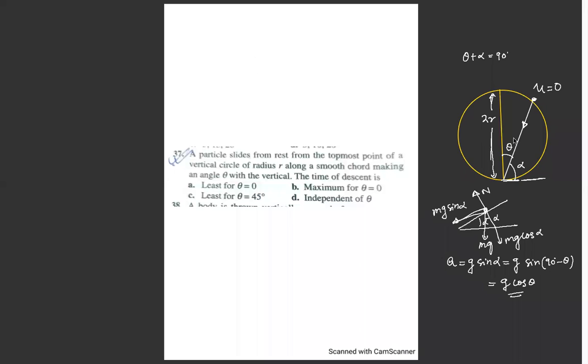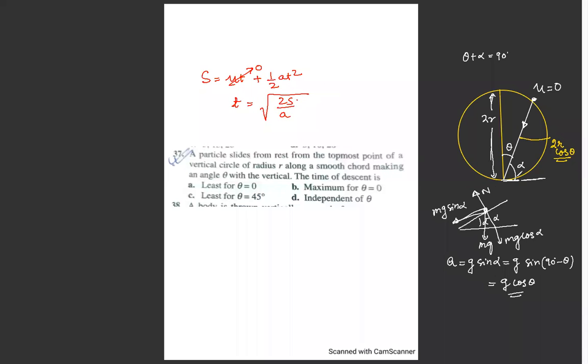So the length of the path is 2r cos theta. Initial velocity is equal to 0. Acceleration is constant and it is g cos theta. We can use the kinematic equation s equals ut plus half at squared. The first part is gone, so directly we can find the time as square root of 2s by a.